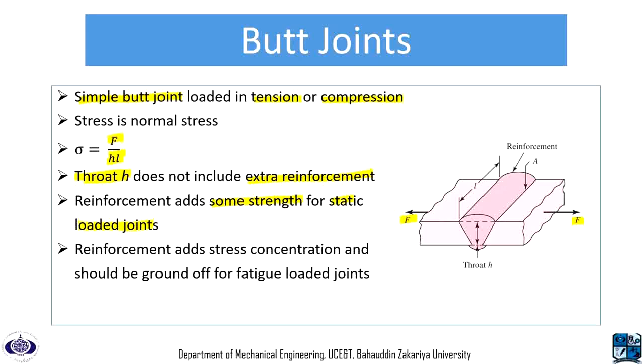However, reinforcement will also add extra stress concentration for fatigue loaded joints. So for fatigue loaded joints they need to be ground off, and the throat is taken equal to the height of the parent metal. You can see that the height of the parent metal is equal to the throat of the weld.